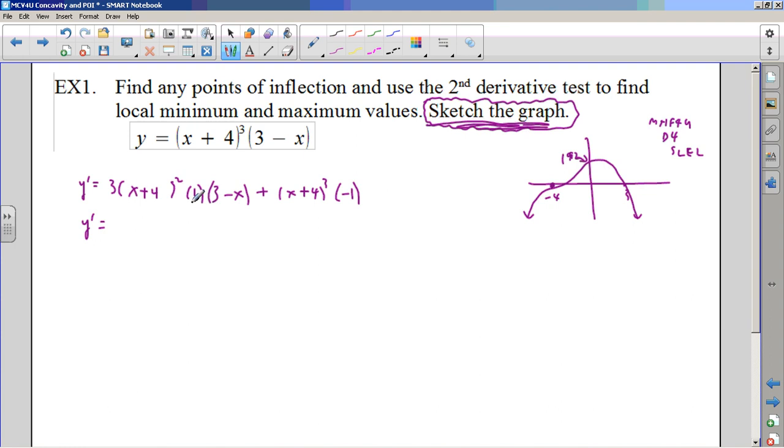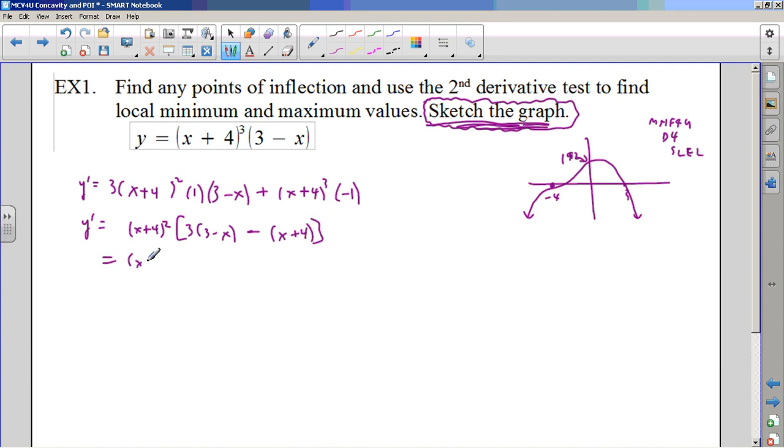So let's take out a common factor of (x+4) squared. Then what's left over in the brackets? Both of those are gone. I've got 3 times that bracket, and a minus, notice I'm just writing this minus out front.